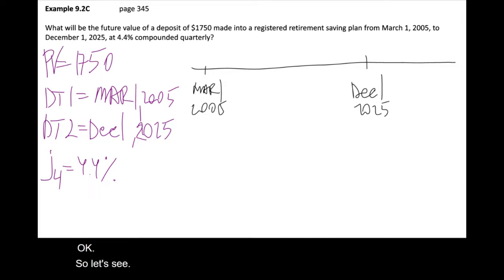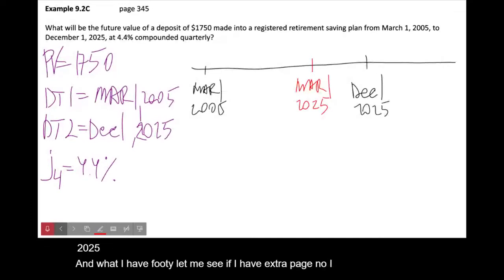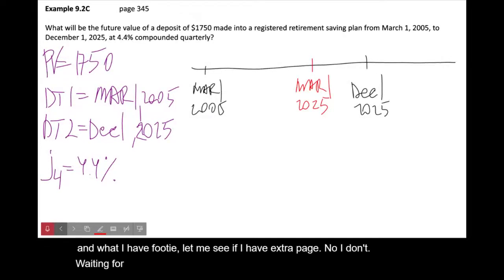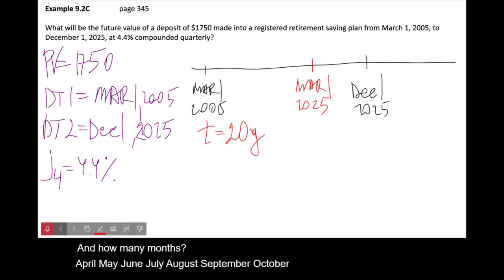So let's see. I have 2 options. Let's explore both. I can go to March 1, 2025, and what I have for T is 20 years, right? And how many months? April, May, June, July, August, September, October, November, December, 9 months.